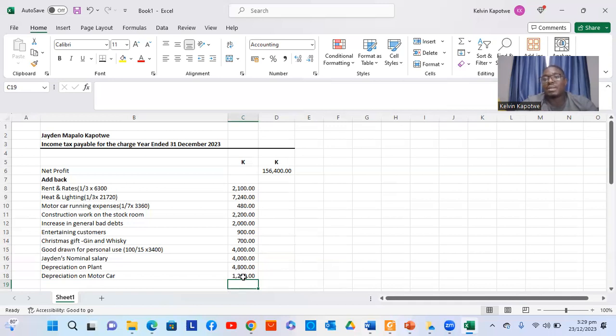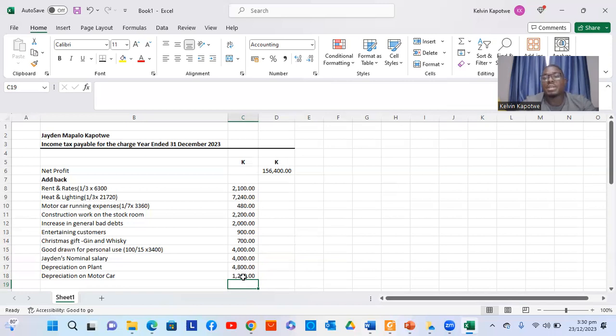But in this type, depreciation has been replaced by what we call capital allowances. So capital allowances are standardized. The more standardized, you find they are uniform in whichever company. As long as it relates to certain assets, you get them. If you're looking at the assets of the farmers, if it's implements of farming businesses, they all claim capital allowances at 100%, for example. Manufacturing claim at 50%, for example.